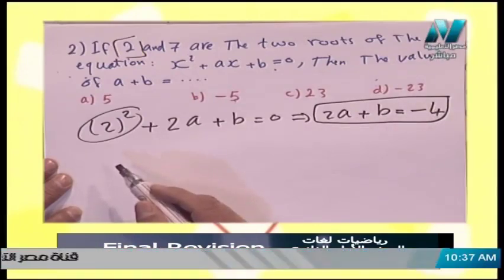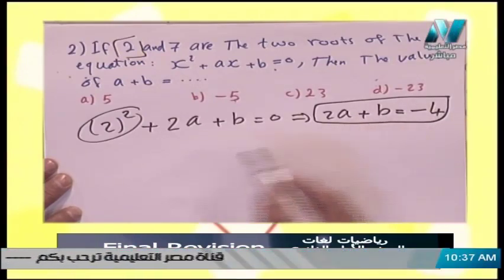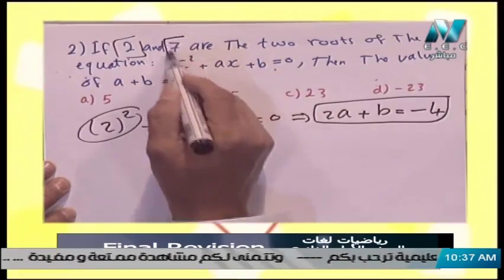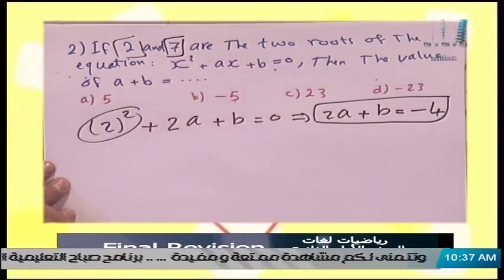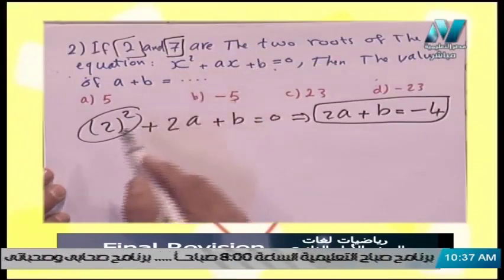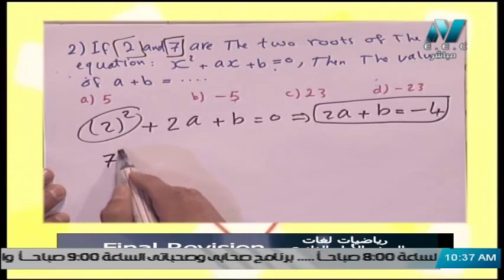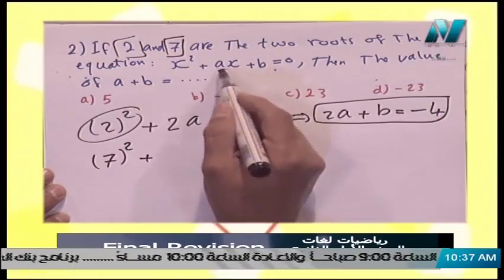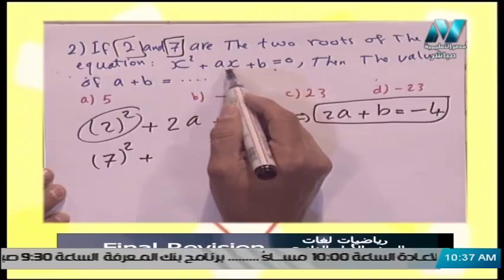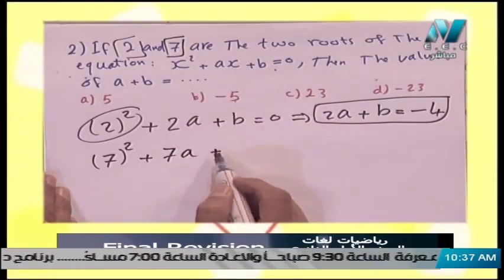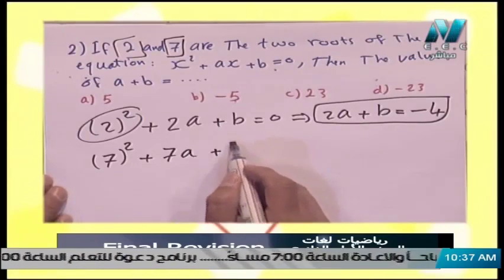We have an equation here in two variables a and b. And we will substitute by 7 instead of x. So x power 2 will be 7 power 2 plus a times x means a times 7, meaning 7a plus b equals 0.